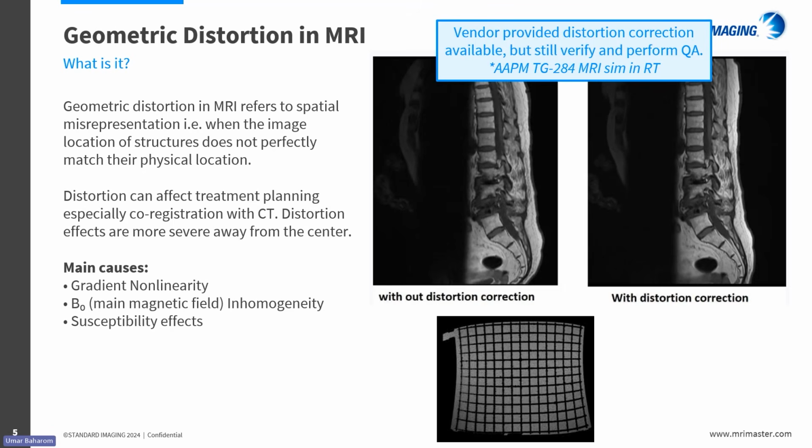MR vendors usually provide distortion correction with the software, but there's still some residual distortion that you can see even with the distortion correction turned on. So it's still very important to verify and perform QA. I'm referencing AAPM TG 284 for MR in RT if you want to take a look at that some more.